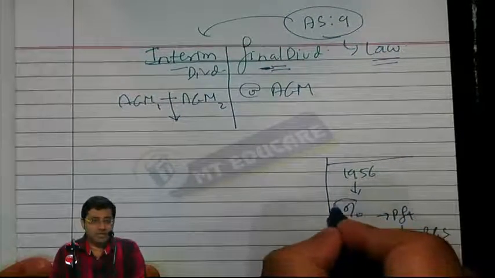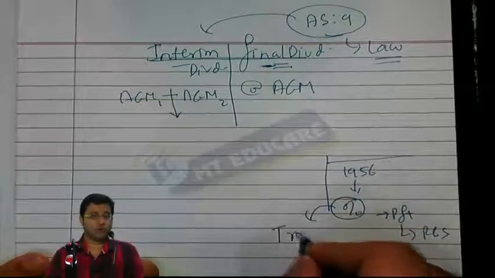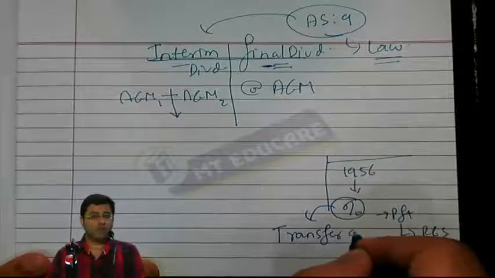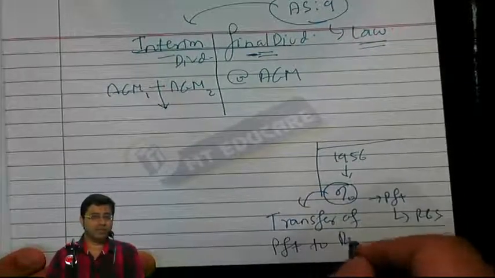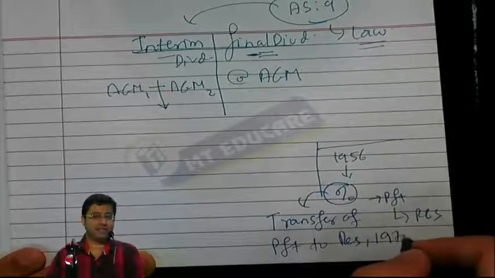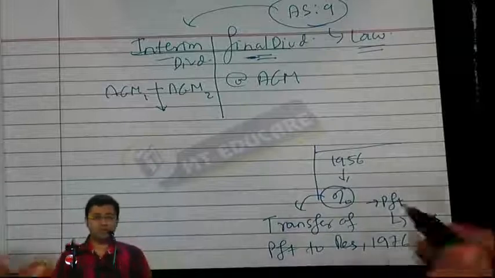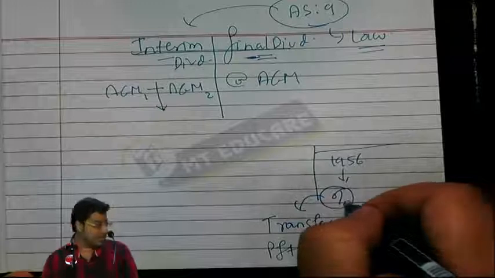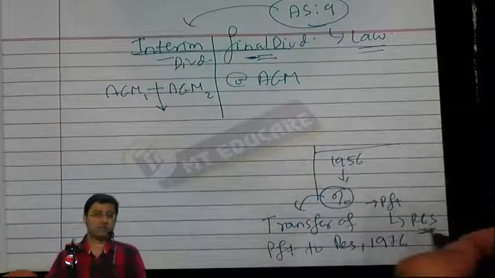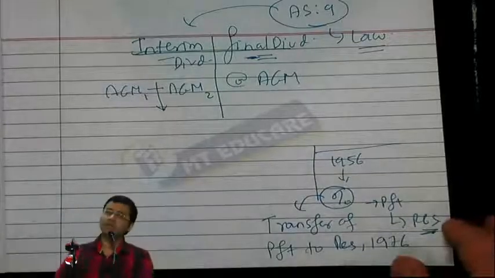There were rules to transfer, called the Transfer of Profits to Reserves Rules 1976. Those were the old rules. These rules asked the company to transfer a certain percentage of profits to reserves and surplus before giving away any profits as dividends. Now that is not the case.